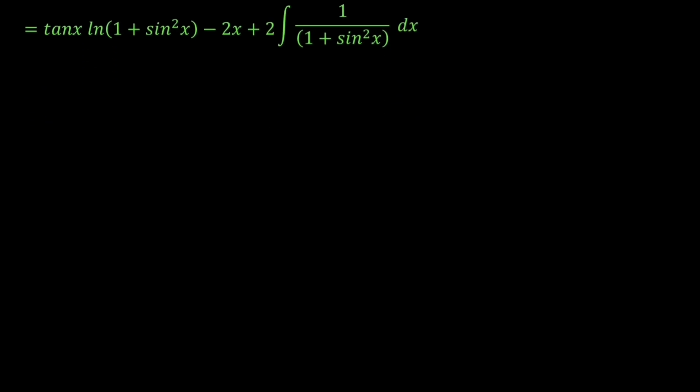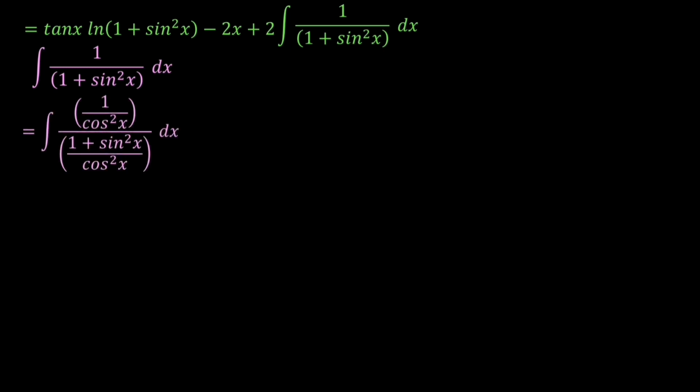Let's consider integral 1 over (1 + sin² x). To simplify this integral, as the first step, we can divide the numerator and denominator by cos² x. In the numerator, 1 over cos² x equals sec² x. In the denominator, we can divide the 1 + sin² x terms by cos² x separately.